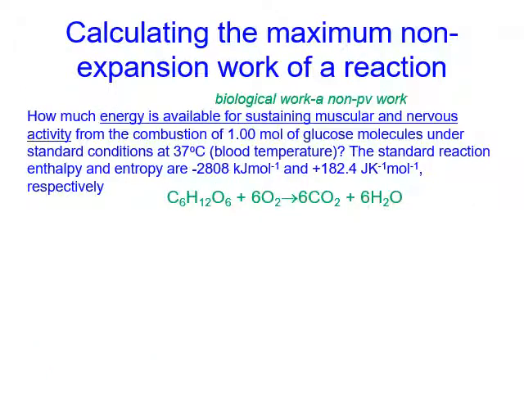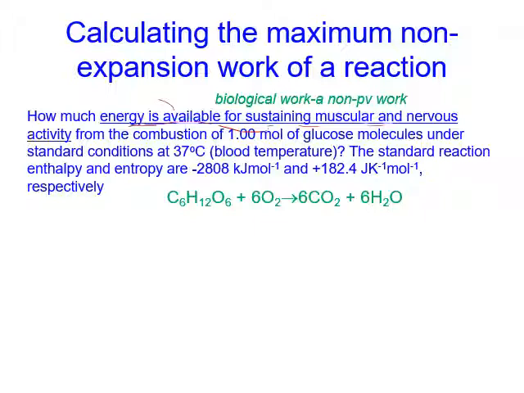Sample question: how much energy is available for sustaining muscular and nervous activity from combustion of 1 mole of glucose under standard conditions at 37 degrees? Whenever you are asked to calculate the non-expansion work, the work available to sustain muscular and nervous activity, this is energy that is not due to volume change.